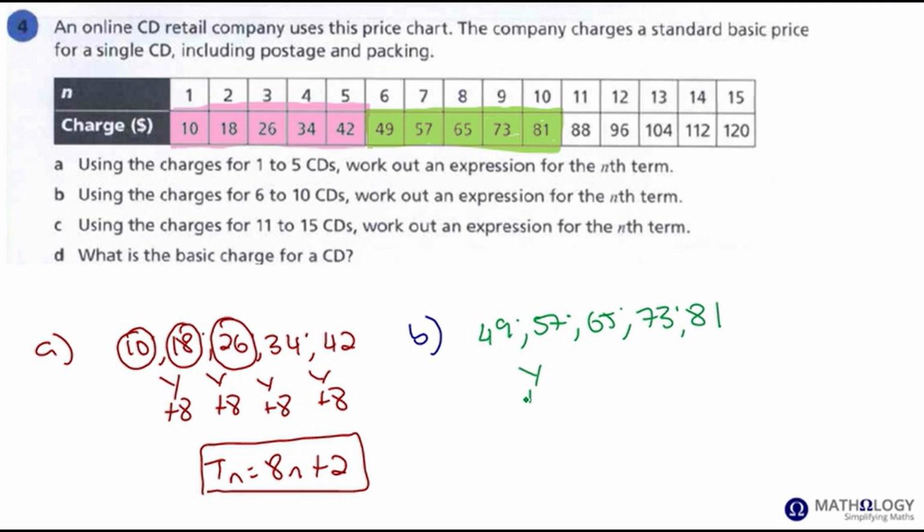So we are adding 8 to each term here. The nth term will be 8 times n.